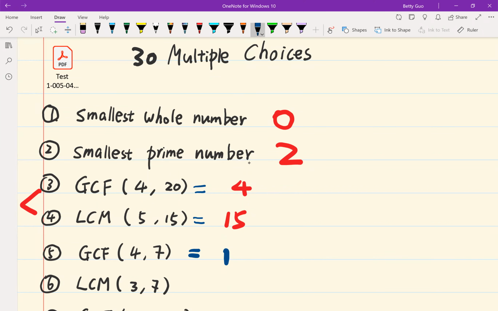How many times did we talk about this? I swear we made it very clear. Do you guys study the notes after class? You have to study the notes after class. Number 6, what's the least common multiple of 3 and 7? 21.